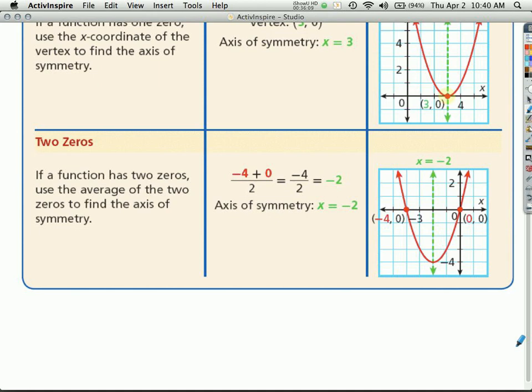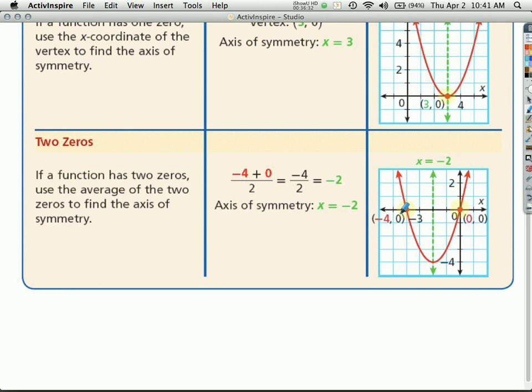Think of it as distance. See this point right here and this point right here? What's the distance between them? Going straight across, the distance is 1, 2, 3, 4. What would halfway be? Go ahead as a chorus. 2.